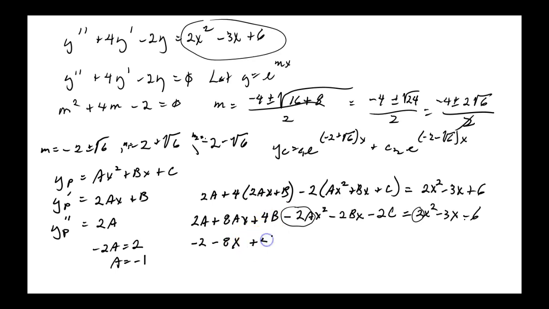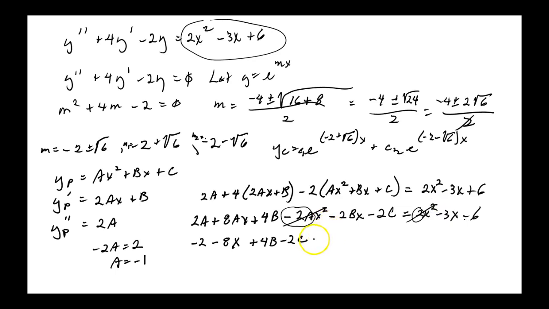Plus 4b. But what I do want to do is combine that with our other constant, which will be a minus 2c. Okay? And minus 2bx. And this will be 2bx, yeah, we can just eliminate those.